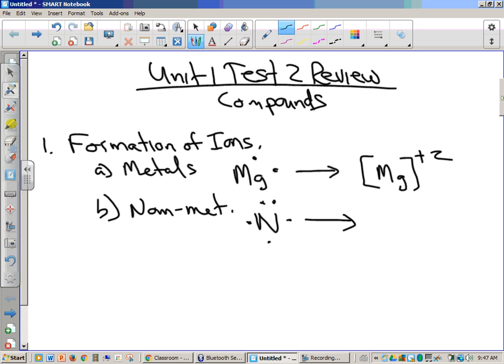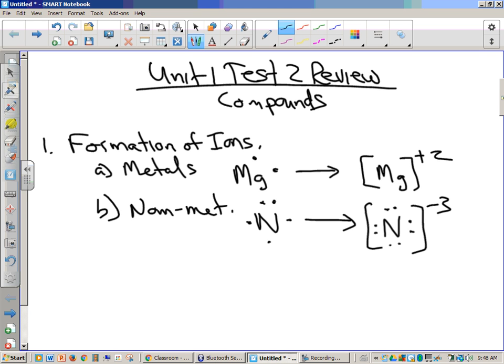That guy is going to gain, how many is he going to gain? 3. Going to gain 3. That's going to then give the nitrogen a full outer shell. And because it gained 3 negative electrons, its charge is -3.